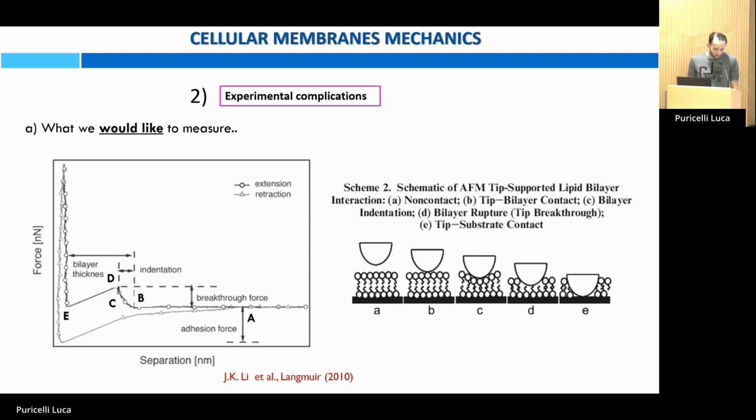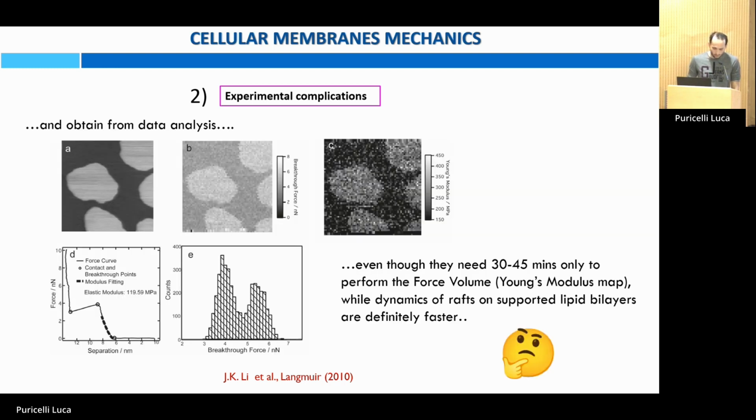You can get information by analyzing the region comprised between points B and C, but also the force related to the breakthrough, because stiffer samples are likely to show higher breakthrough forces. But this is what we would like to see, what would be nice to obtain.